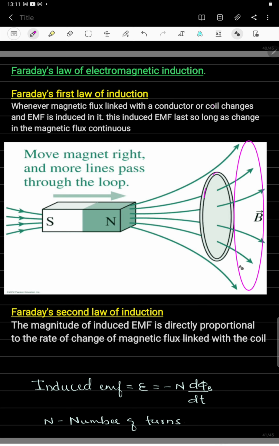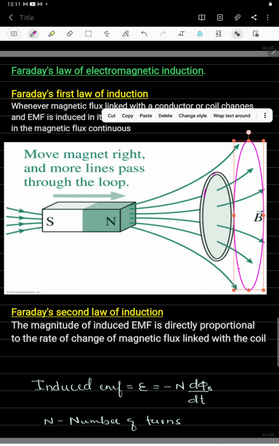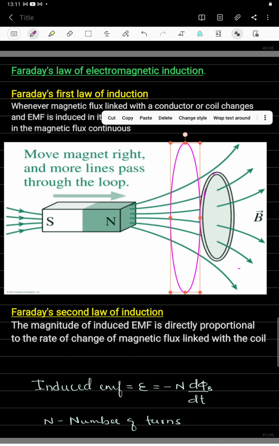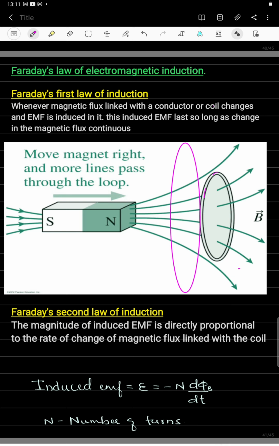If I take this conductor here, the magnetic flux or field lines passing through it are maximum, so you will get a maximum current here. So it depends on the magnetic flux linked with that conductor, which produces the EMF or induced current.